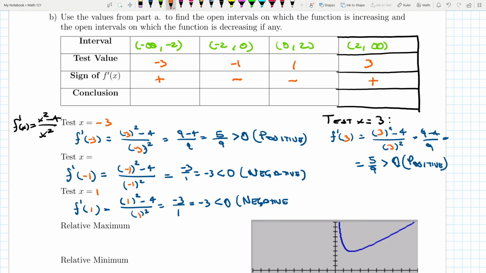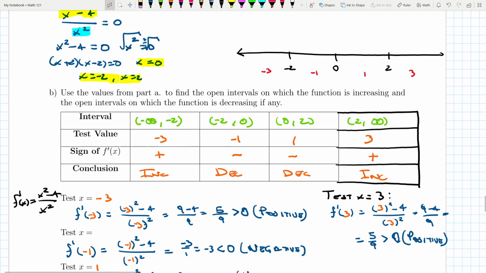Conclusion, we will conclude that this is increasing. You can abbreviate as inc, decreasing, another decreasing function, just dec, it's fine, and inc for increasing.